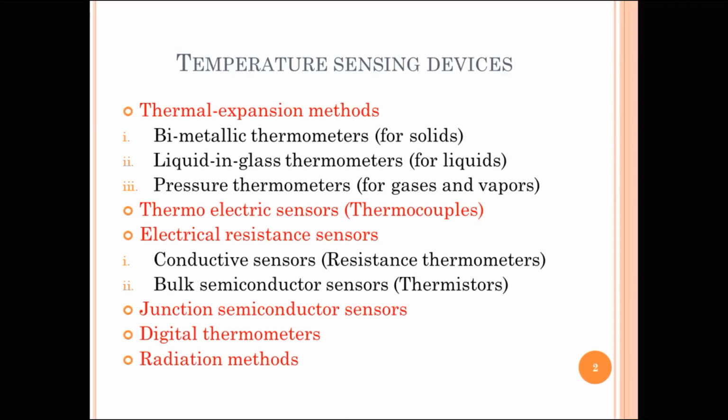That means there are 6 important ways of temperature measurement, and they are: first, thermal expansion methods; second, thermoelectric sensors or thermocouples; third, electrical resistance sensors; fourth, junction semiconductor sensors; fifth, digital thermometers; and sixth and last, radiation methods. Since these topics are large in content, we can split our class again.